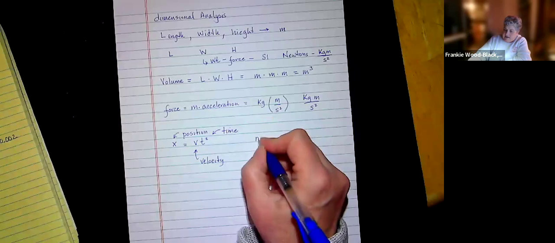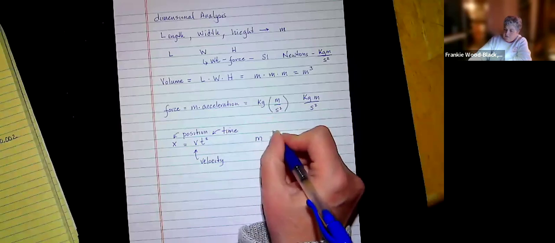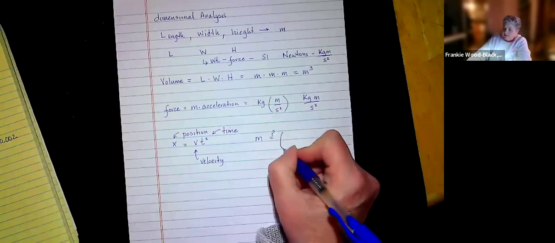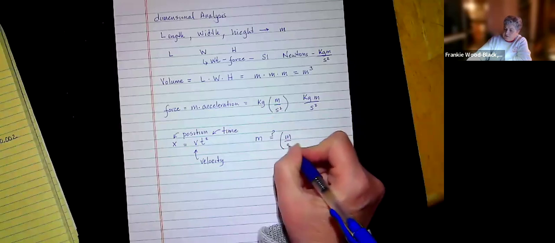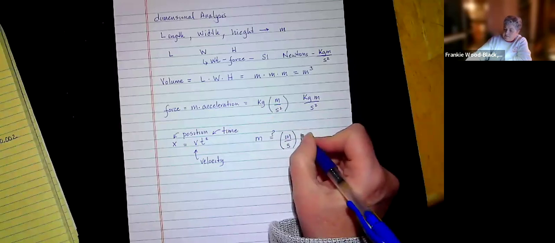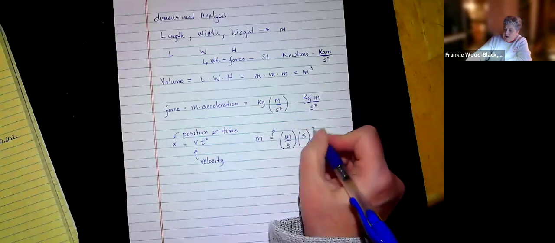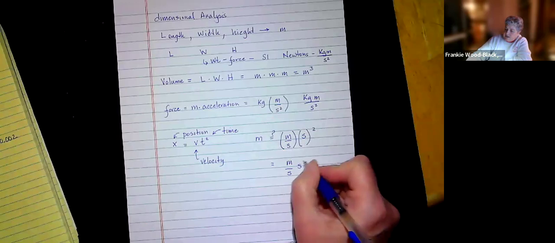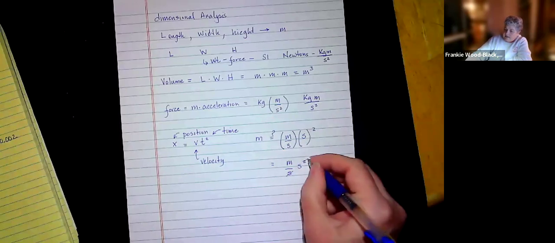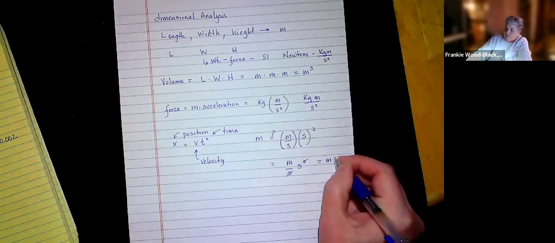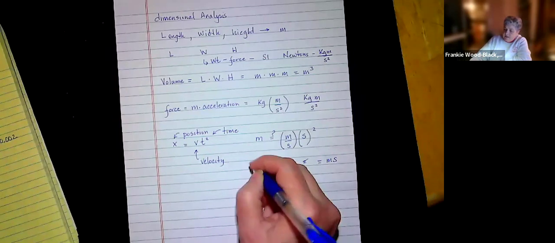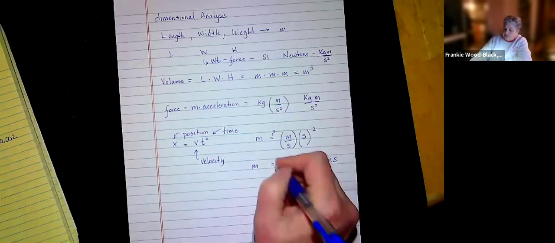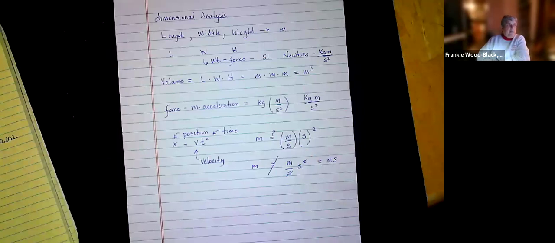If I'm doing my dimensional analysis, what this is saying is that my meters equals, question mark, velocity, which is in meters per second, and my time squared is in seconds squared. I have meters per second times seconds squared. That cancels, that cancels. This side of the equation is meters per second, and this side of the equation is meters. That's not equal, and that's not dimensionally correct.